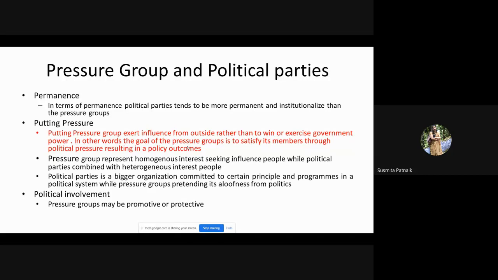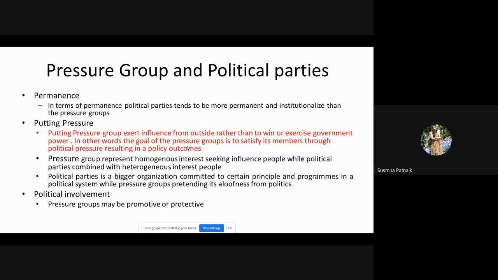First of all, permanence. Permanence means what? Once the motto of the interest group is satisfied, then there will be no group. There will be no interest groups in the political system.